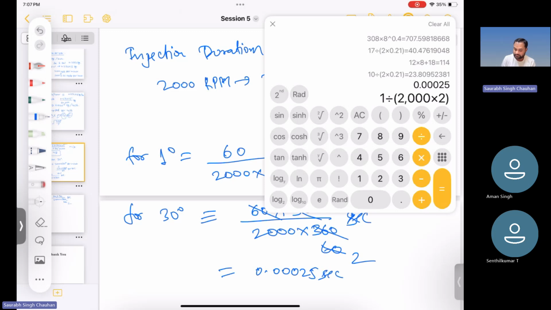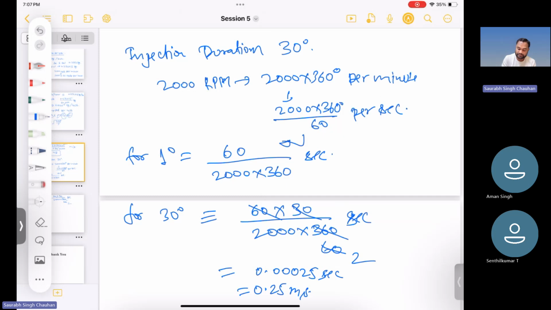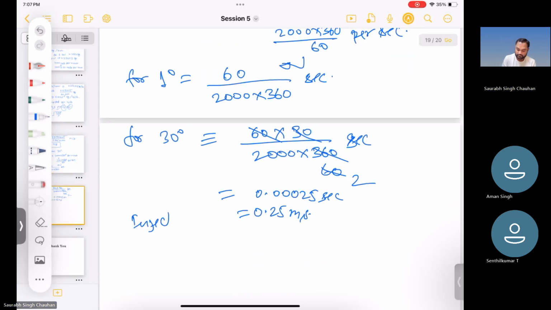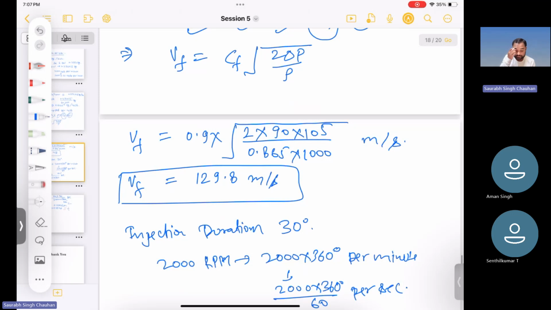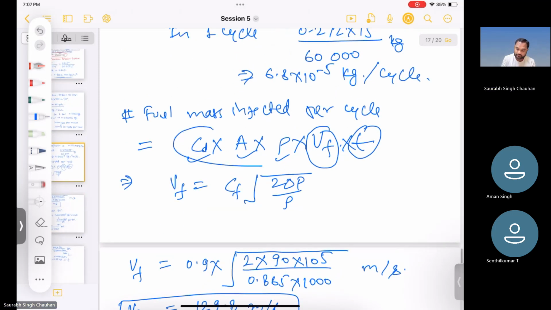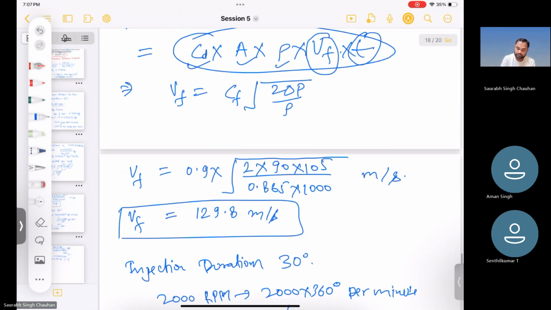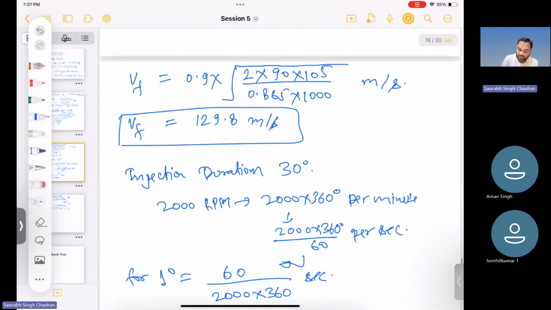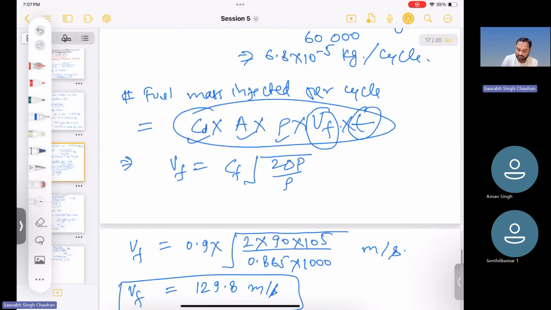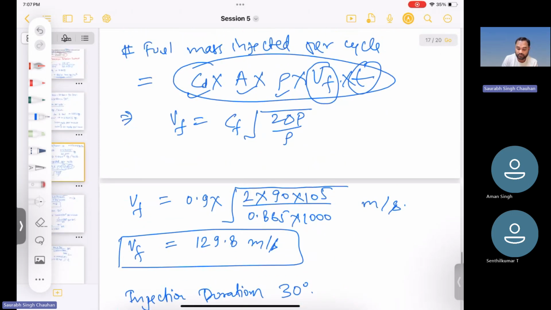So it is 0.00025 seconds or 0.25 milliseconds. This is the injection duration, or T. Now we can substitute all these values here. So mass per cycle, CD is not given, so let us assume this to be 1.